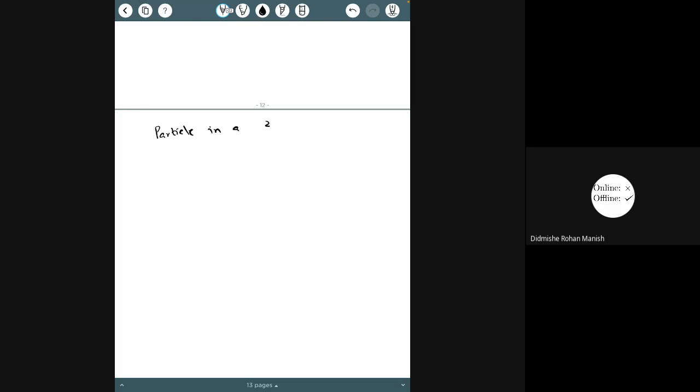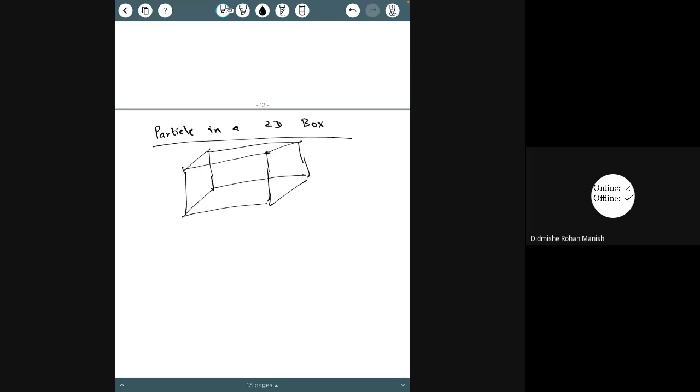So, a particle in a 2D box. What is a 2D box? A 2D box is now some sort of rectangular box, and the particle is confined there.